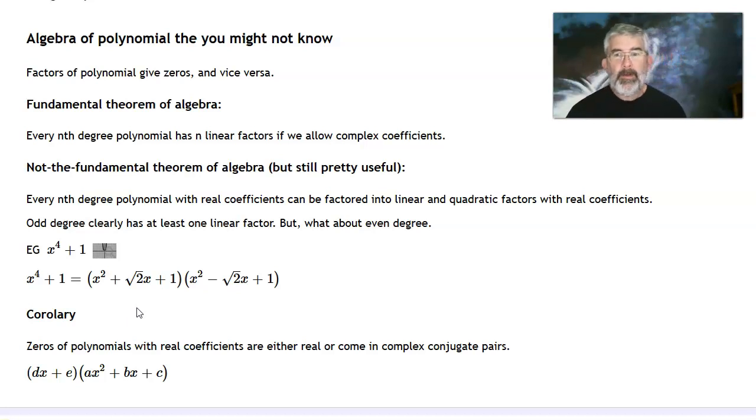The thing that's really useful about this for us is that when I'm trying to find solutions to differential equations, and I end up having to find solutions to polynomial equations, those solutions are only going to come in two ways. They're going to come from the linear factors equaling 0, which means the solutions will be real, and they come in complex conjugate pairs, because with a quadratic like this, you can use the quadratic formula: negative b plus or minus the square root of b squared minus 4ac, all over 2a.